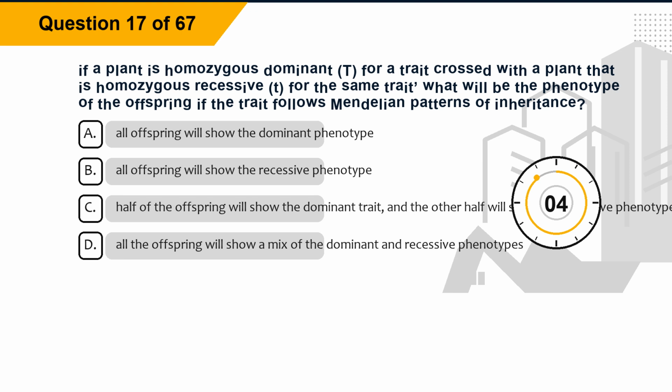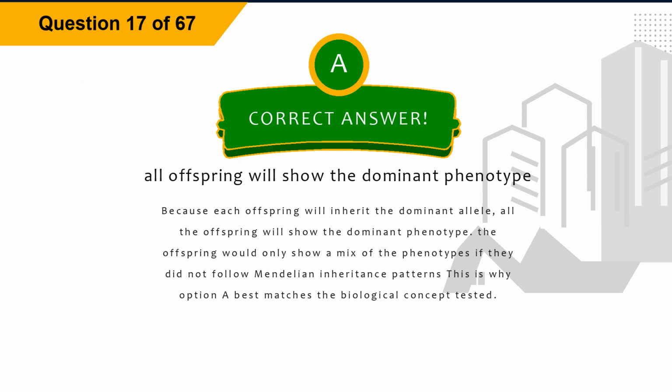Option D, all the offspring will show a mix of the dominant and recessive phenotypes. The correct answer is option A, all offspring will show the dominant phenotype. Explanation. Because each offspring will inherit the dominant allele, all the offspring will show the dominant phenotype. The offspring would only show a mix of the phenotypes if they did not follow Mendelian inheritance patterns. This is why option A best matches the biological concept tested.